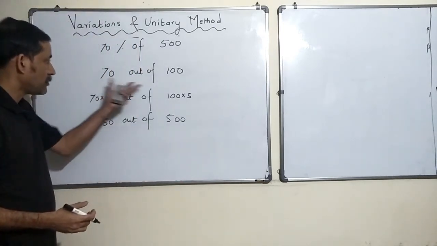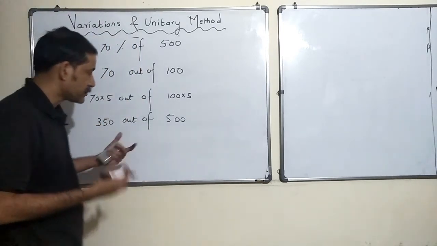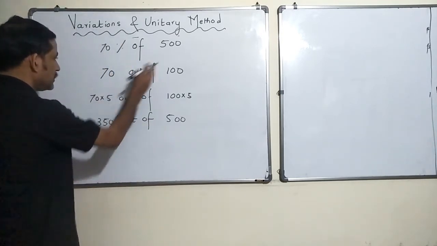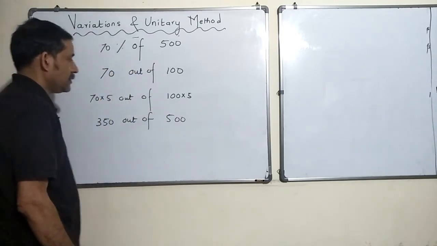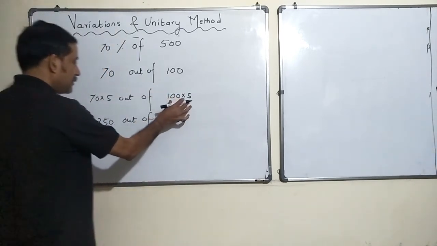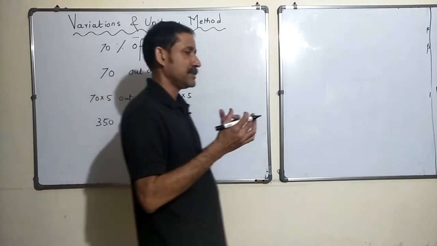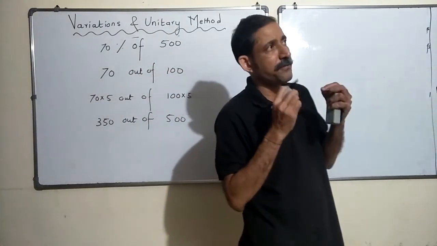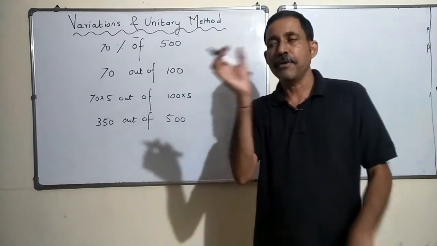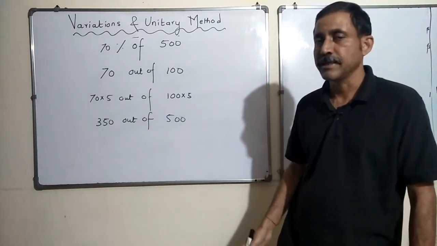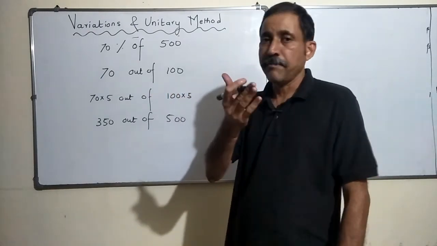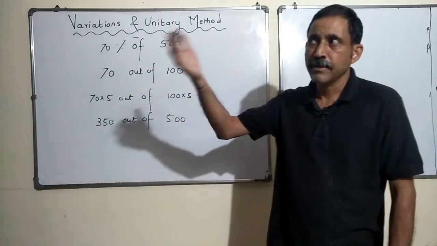Now in this case, all these problems are scenarios wherein it is a direct variation. This increases, this also increases. So definitely that multiplication on the left hand side and multiplication on the right hand side made sense. But in the case of inverse variation, you multiply on one side, you will have to divide on the other side, just like what happened in the case of 5 workers completing the work in 100 days.